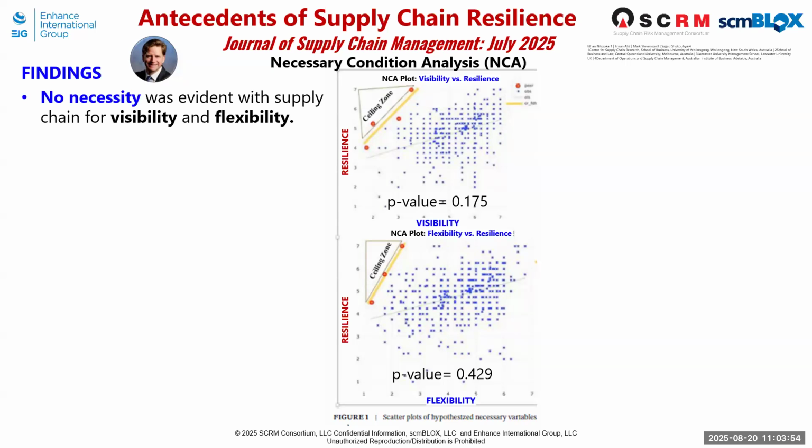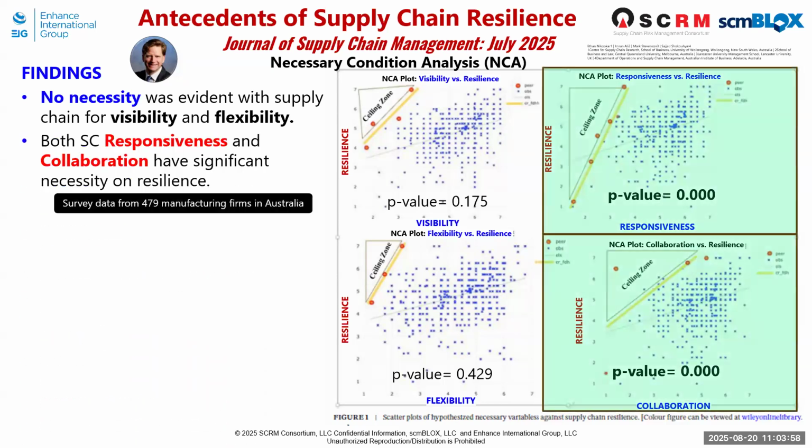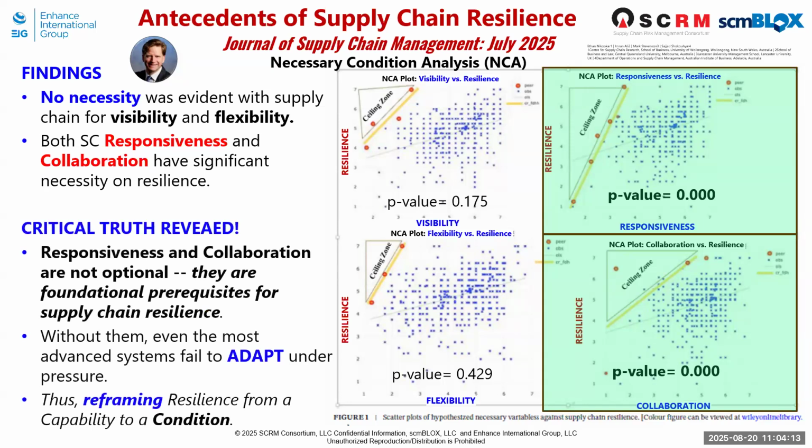However, responsiveness and collaboration are significant. And again, this is a survey, as Greg mentioned, from 479 manufacturing firms in Australia. And so the critical truth revealed is responsiveness and collaboration are not optional. They are foundational prerequisites for supply chain resilience.